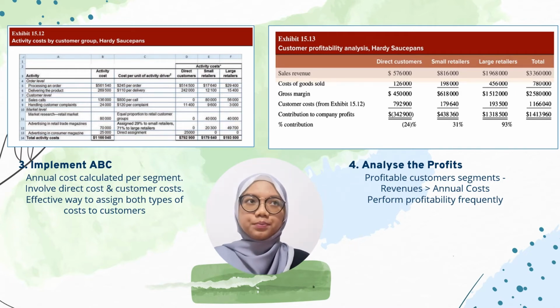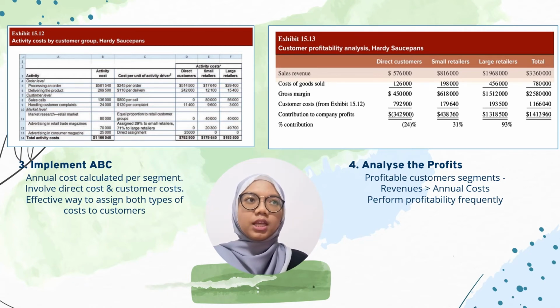According to Hardy Saucepan, it has grouped the list of activities performed according to the 3 levels of customer-driven cost, including the total cost for each activity. The activity drivers have also been identified and used to allocate the activity cost to each of the 3 customer groups.